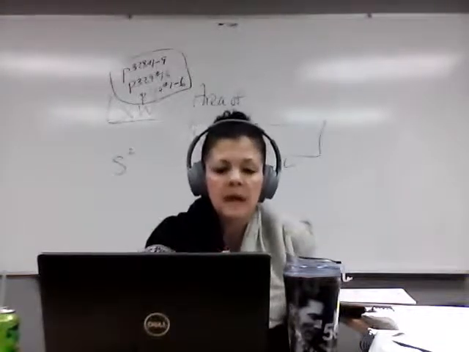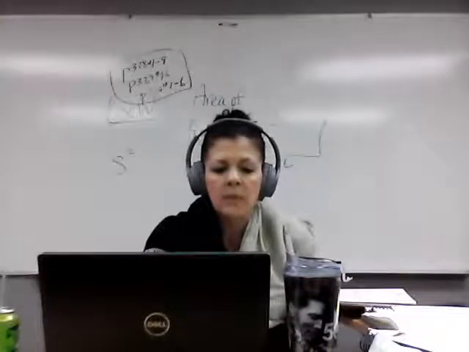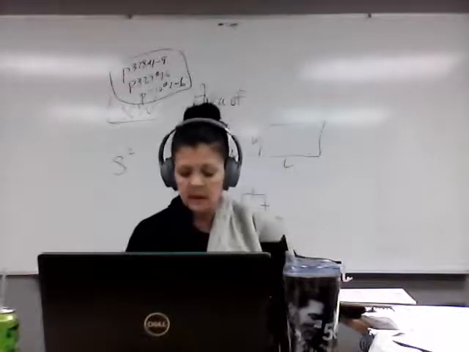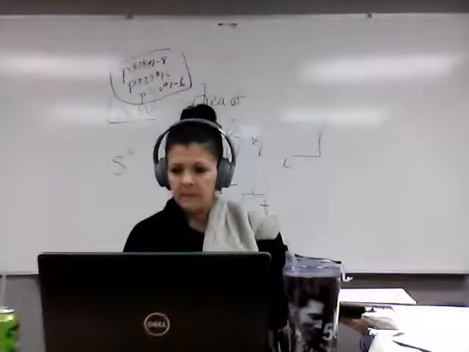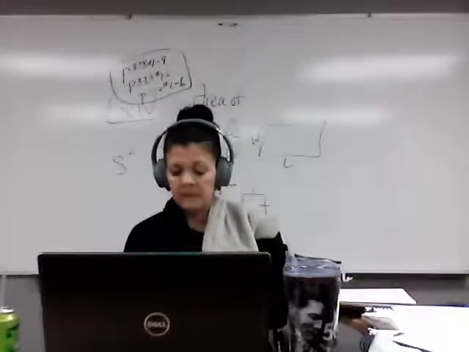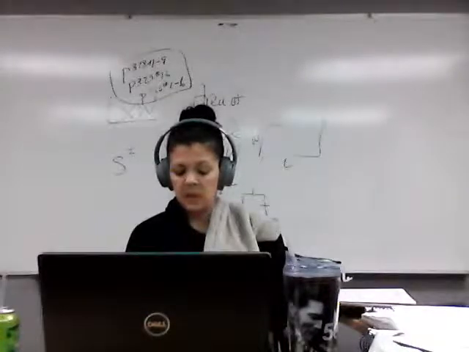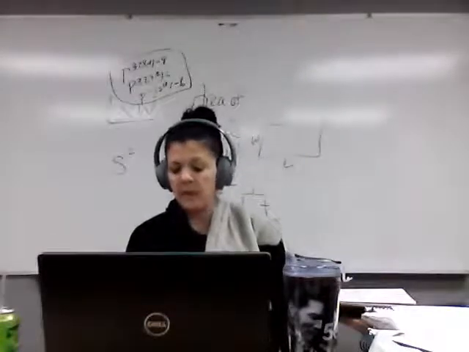Say you started with n. Now, as you go up, you're going to keep adding what? 1. So the n's included, but the next n plus 1 is not. Do you see how it increases, but the n plus 1 would not be included?